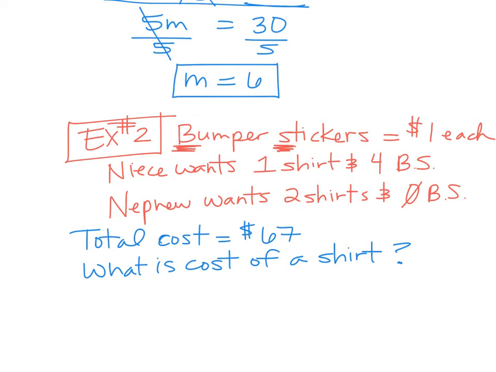No, but let's figure it out. Okay, so we're going to write an equation out to figure this out. What is our unknown right now? Shirt. Okay, what would you like to call a shirt? S. Okay, so for shirt, we're going to use the letter S. Sorry if my S's look like 5s.